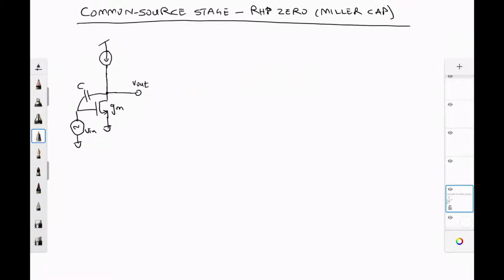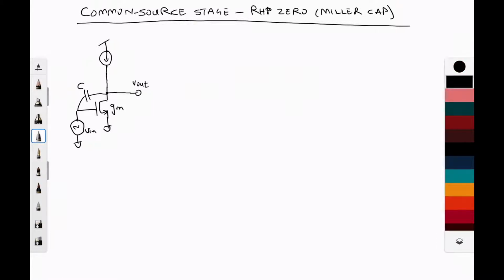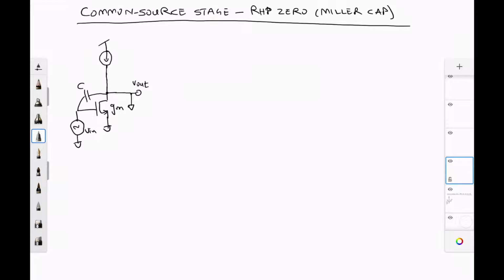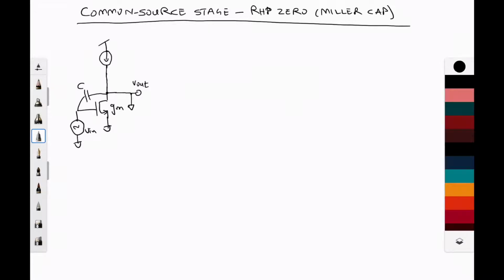So because we want to see this analysis in the current domain, we are going to short this output from a small signal point of view to ground. And this will allow us to figure out just exactly what the current contribution is from this gm stage, and then what the current contribution is from this capacitor to the output.